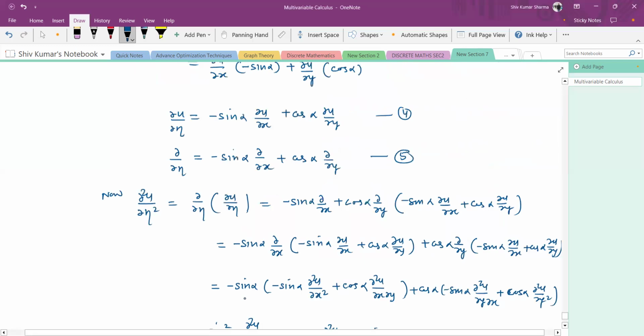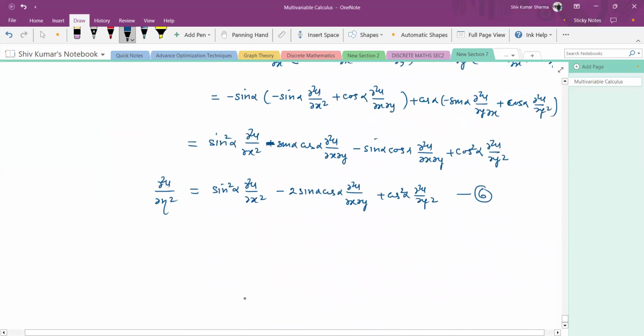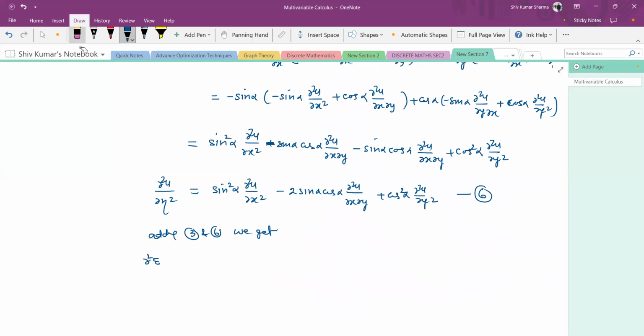Okay, so we see equation number 3 and 6. Now we add 3 and 6. So adding equations 3 and 6, we get del square u upon del xi square plus del square u upon del eta square is equal to the following.